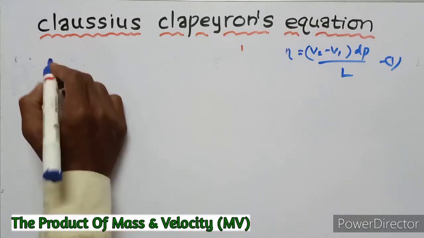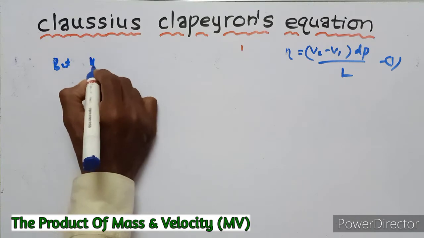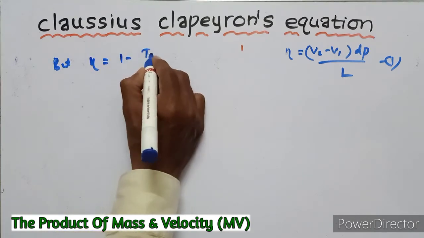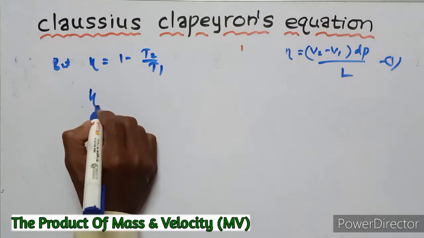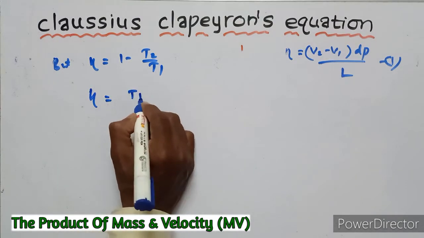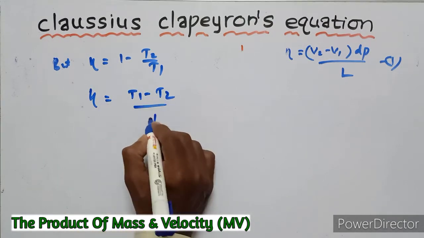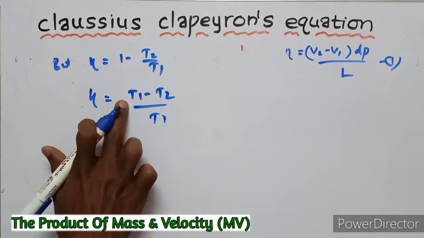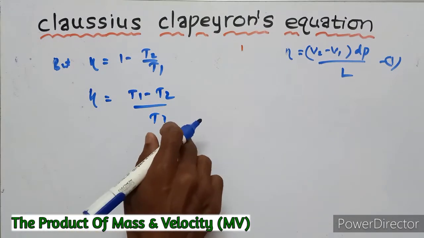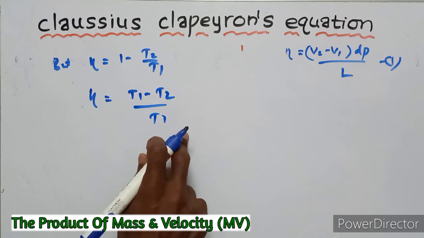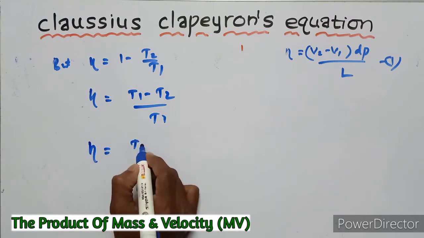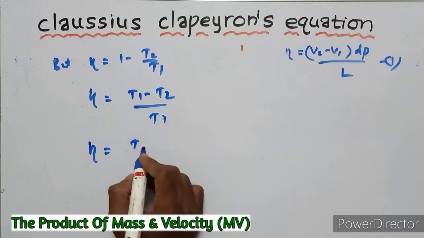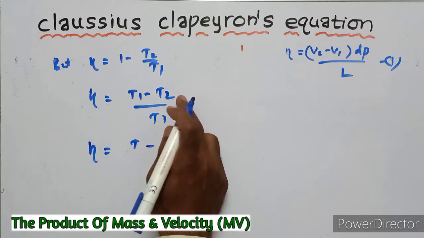But we know that eta equals 1 minus T2 upon T1. So eta equals T1 minus T2 upon T1.